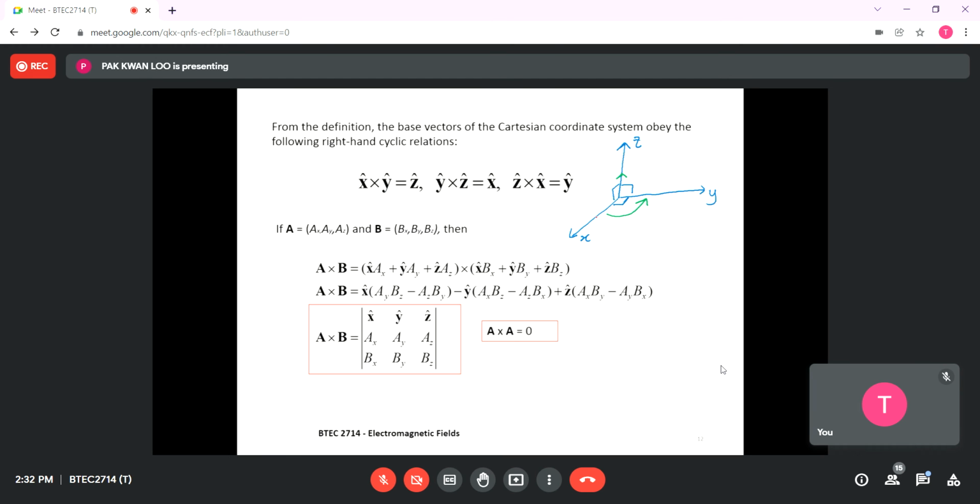And we have Y cross Z. If you look at the arrow that I drew, this is the direction of your finger curl, so it is pointing in the X direction. And lastly, Z crosses X, so in this direction the vector produced is in the Y direction.